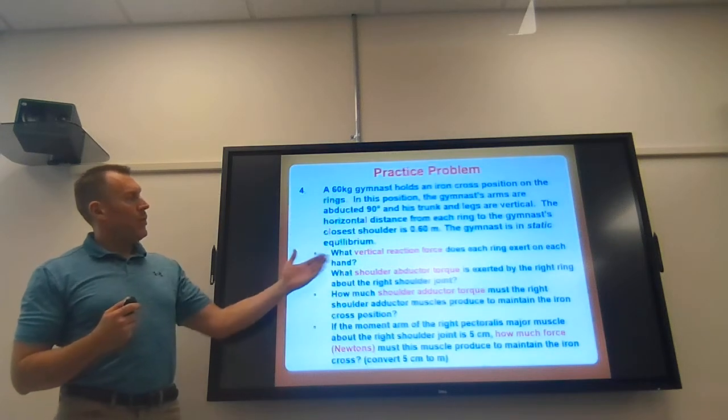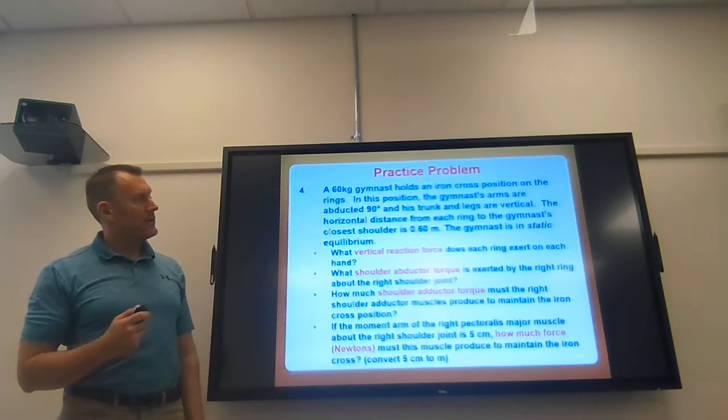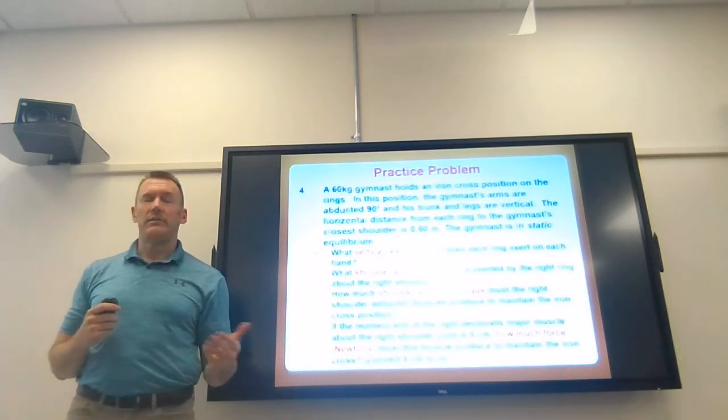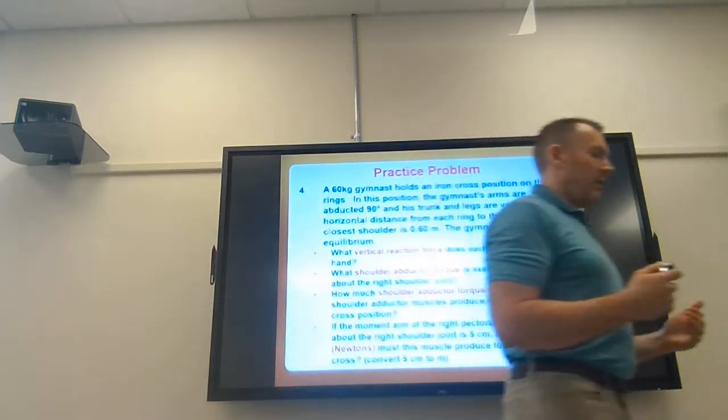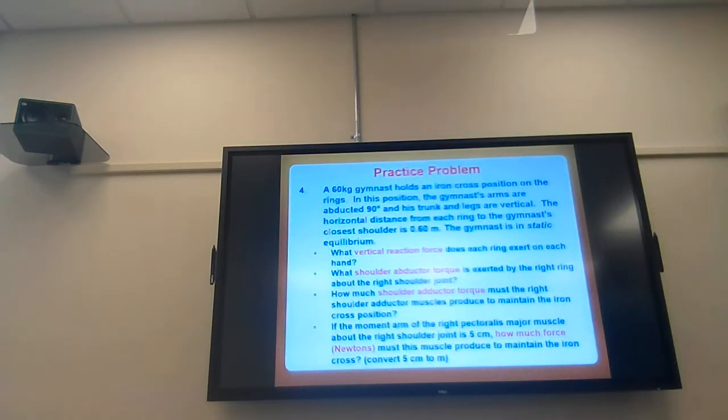So what vertical reaction force does each ring exert on each hand? We're looking for force if the weight is evenly distributed. How would you tell how much force is being experienced by each hand? You just divide his weight by 2, wouldn't you?